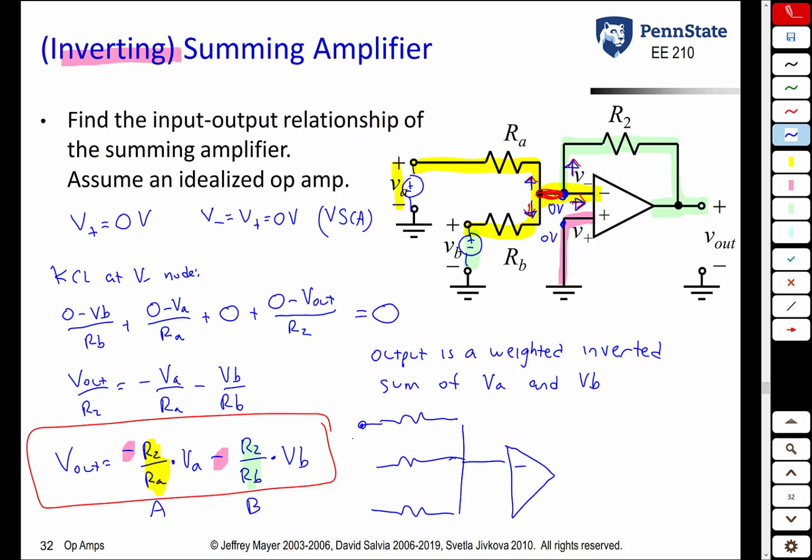So you could have VA there, VB there, VC there. You could have as many different terms as you want to add together. And then just make sure that the non-inverting terminal is grounded. And then you have your feedback resistor R2 here. And then V out is measured with respect to ground.